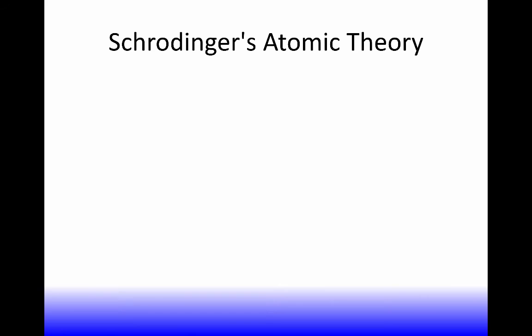Schrodinger's atomic theory, you're going to see, is right now a perfect explanation of the behavior of electrons inside atoms. There was one intermediate between Bohr and Schrodinger, and that was de Broglie. De Broglie showed that electrons' behavior inside atoms is most like a wave, not like moving on a line on a ring.